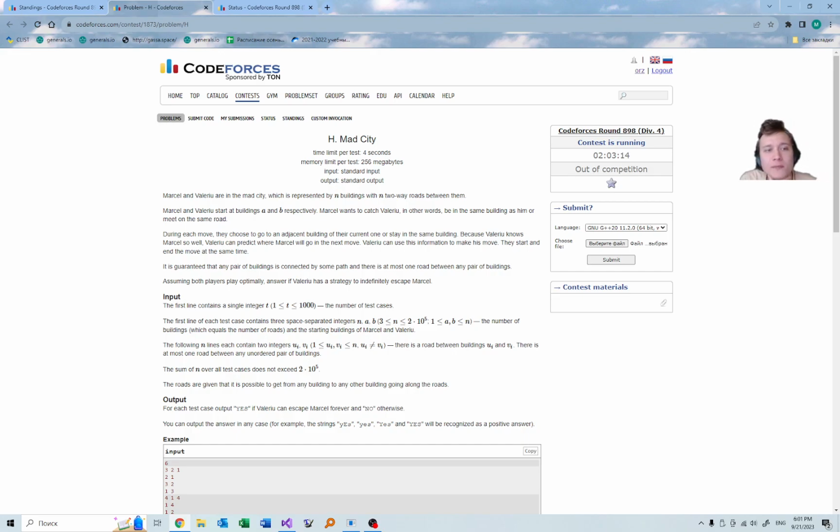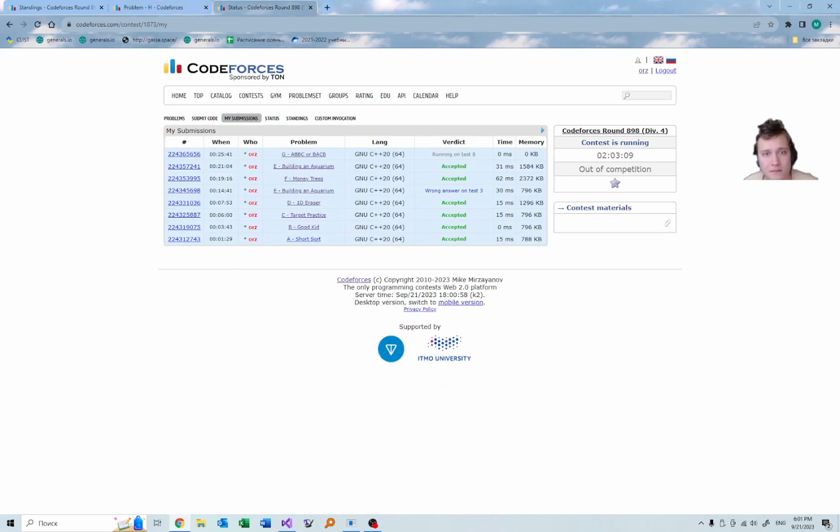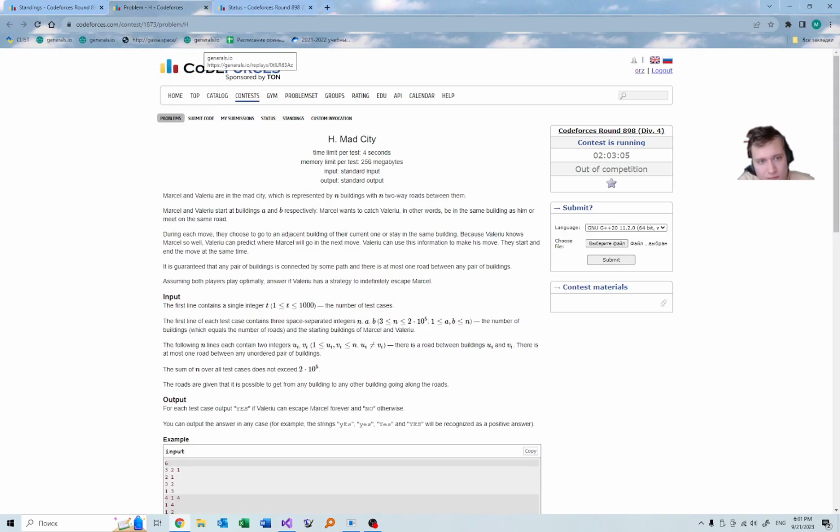So we have the following problem. We have two pieces of plastic on a graph, directed graph. No, two-way road, so on a usual graph.